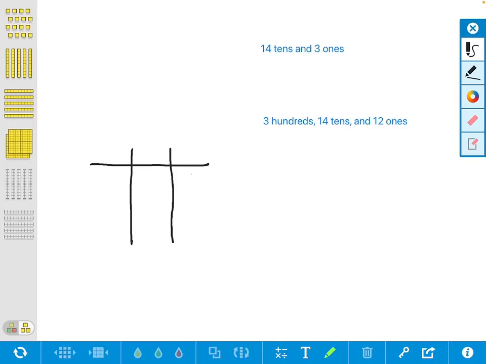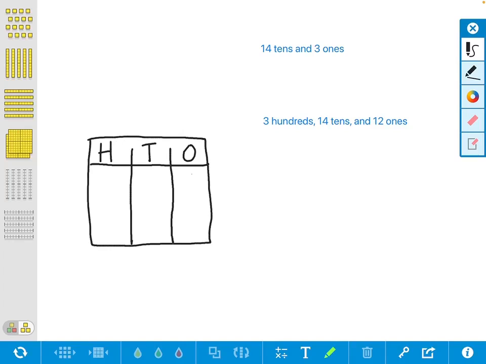Now you can box it in like I've been doing in all of the other lessons, or you can leave it like this and just go ahead and put your H for hundreds, your T for tens, and your O for ones. So that is a place value chart. Easy to make. If you want to box it in, you can, and just put a big square around the whole thing.